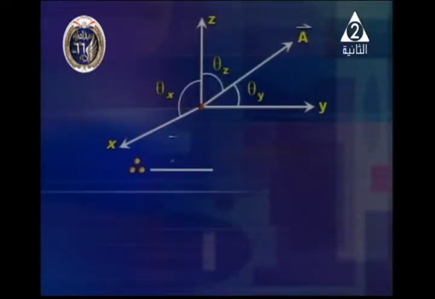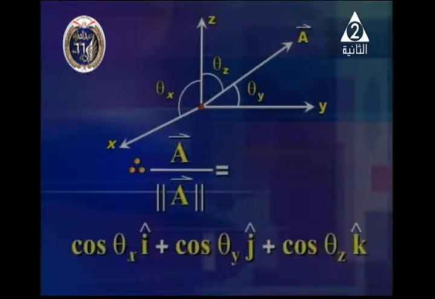Dear students, when we find vector A over norm A, we get the result: cosine theta x in direction i plus cosine theta y in direction j plus cosine theta z in direction k.